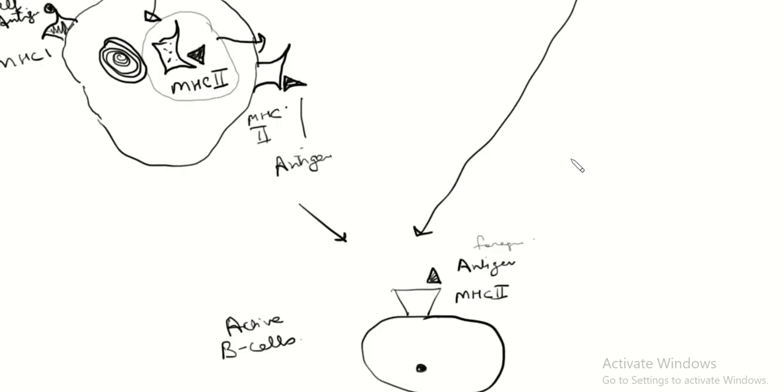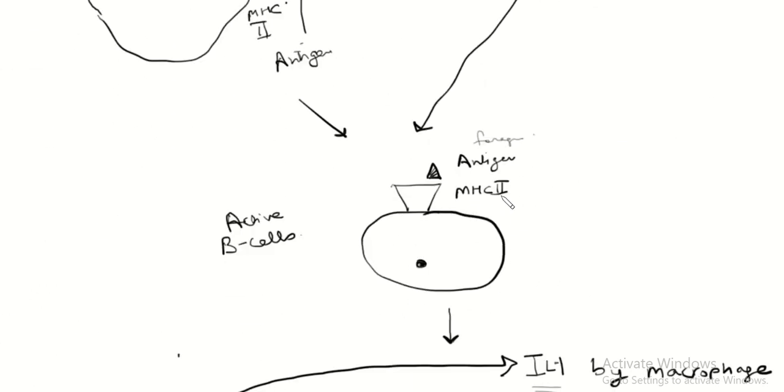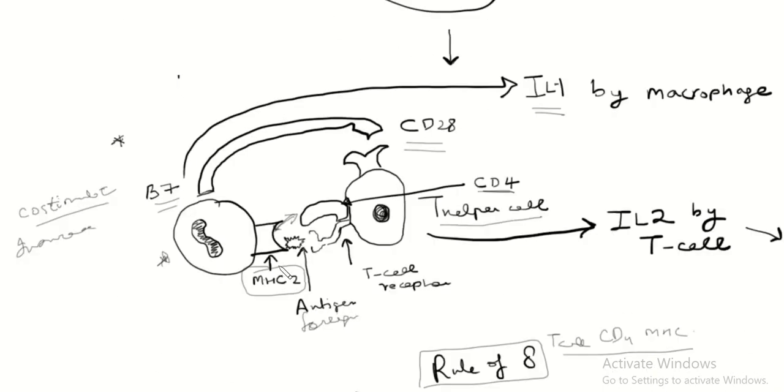And essentially, the net result is you get an antigen-presenting cell that gives you an MHC2 marker with an antigen on the MHC2 marker. This MHC2 combines with CD4 T helper cell because 2 times 4 equals 8.